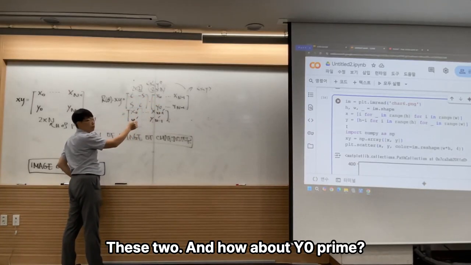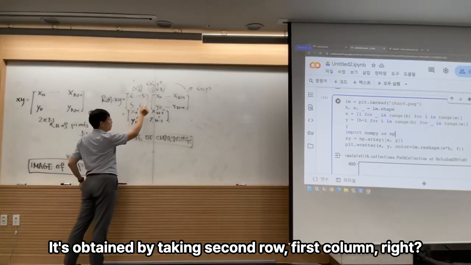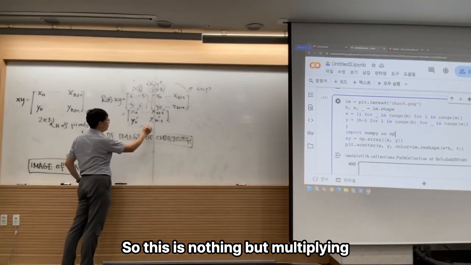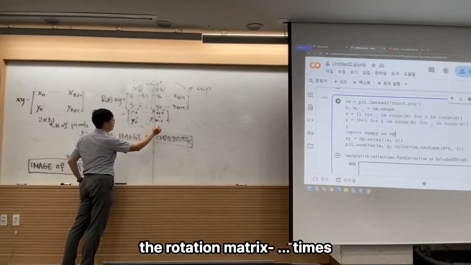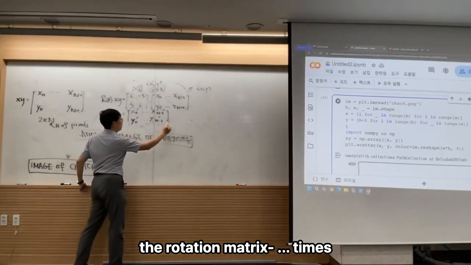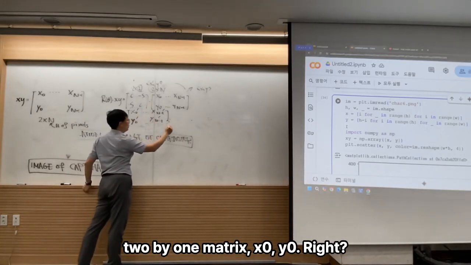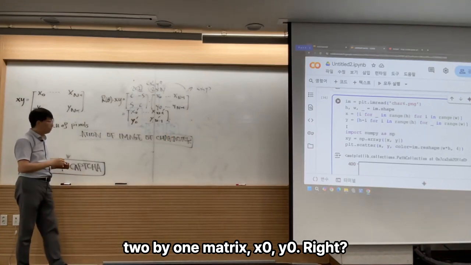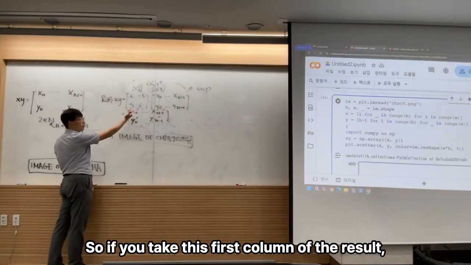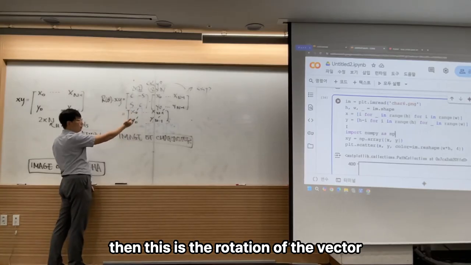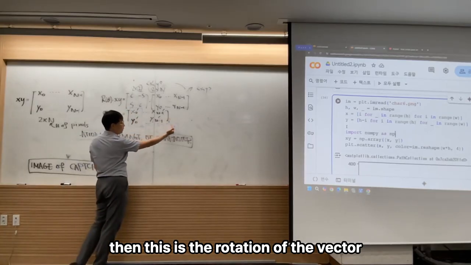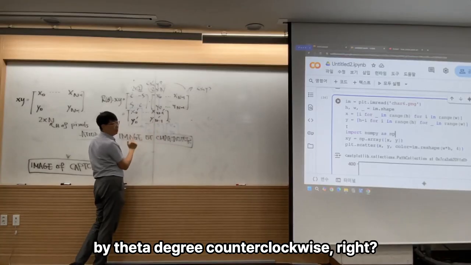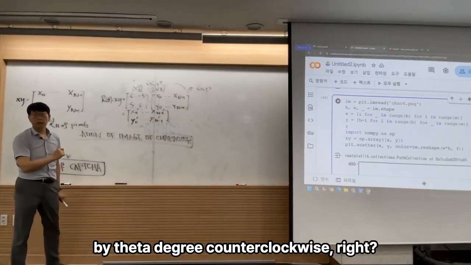And how about y0 prime? It's obtained by taking the second row, first column. This is nothing but multiplying the rotation matrix times the 2 by 1 matrix x0, y0, right? So if you take this first column of the result, it is the rotation of the vector whose coordinates are x0 and y0 by theta degrees counterclockwise.